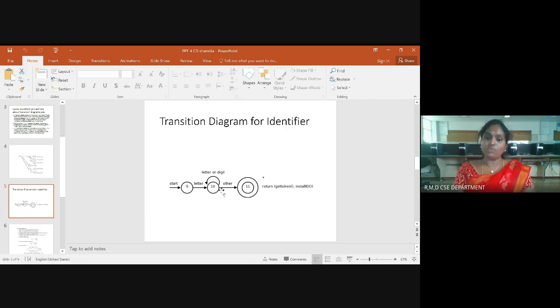In that state, if you get a letter or digit, it will keep moving in that same state. State 10 loops on itself until you get something other than a letter or digit. It stays in 10. Once you get not a letter and not a digit, any other symbol, it will go to the 11th state. So this is the transition diagram for letters and digits.